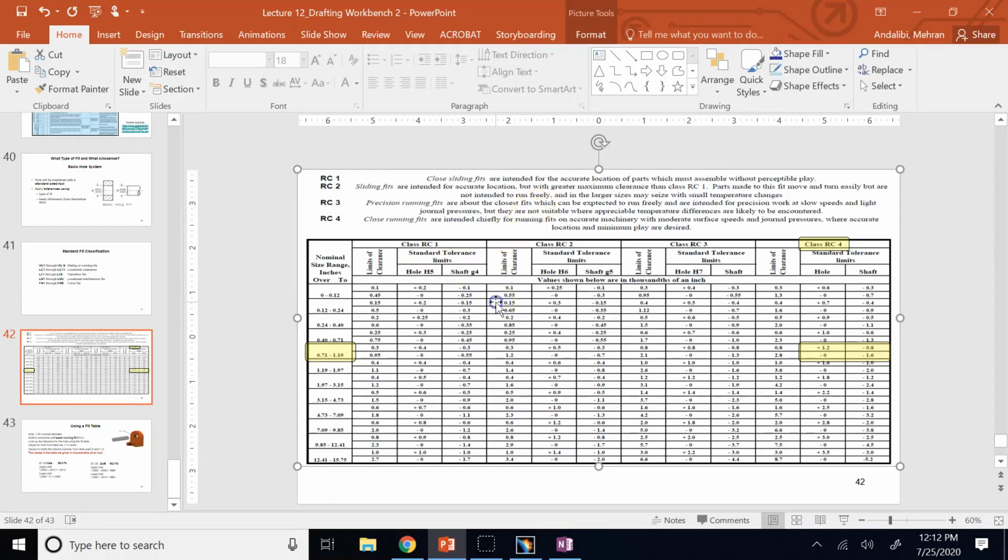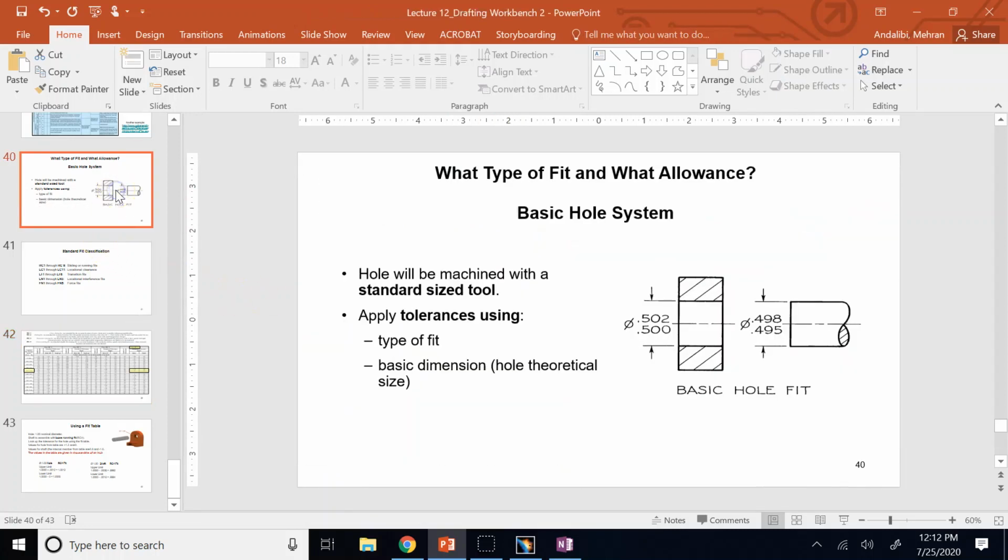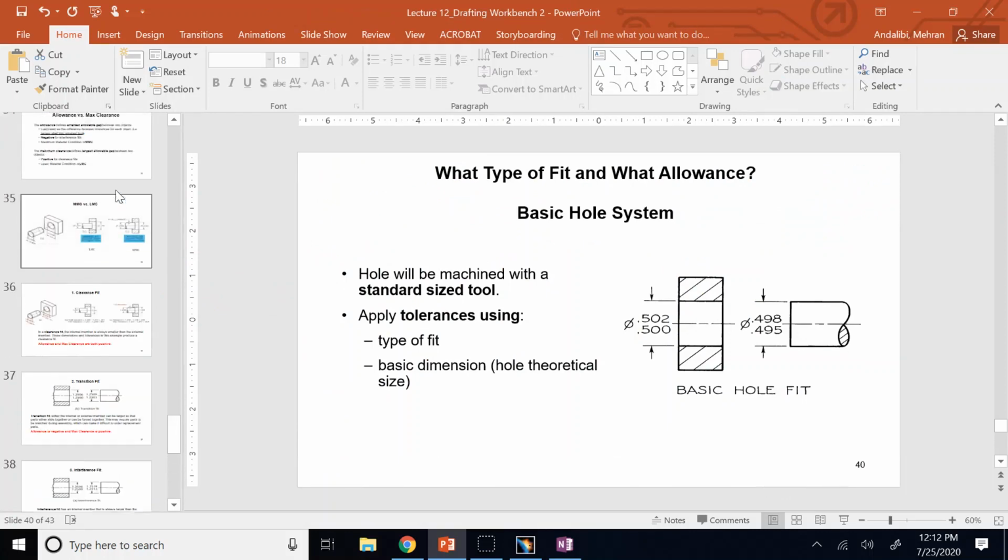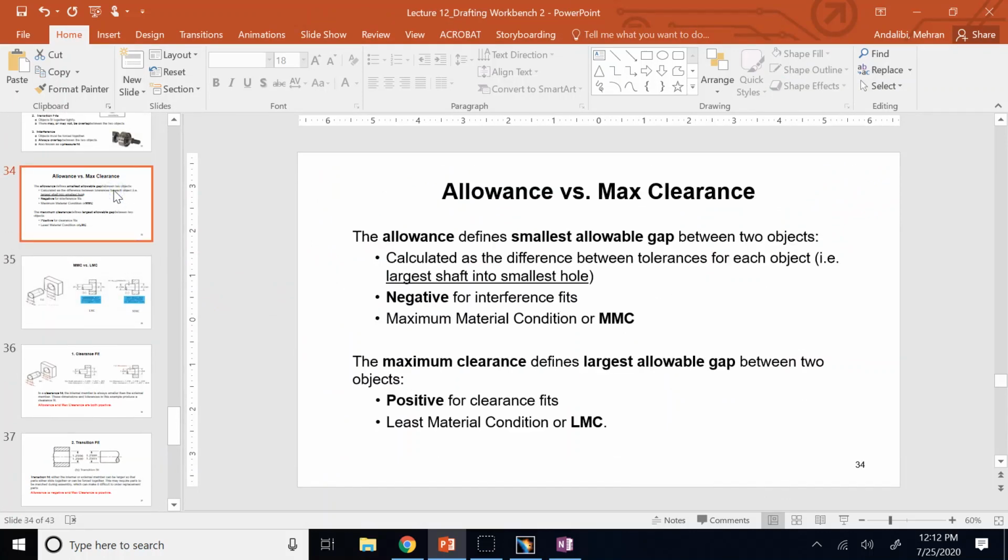So before I go over how to use these tolerance tables, I want to cover some definitions, and then we go and see how we can use those tables. So let me tell you about some definitions. One is called allowance versus max clearance.